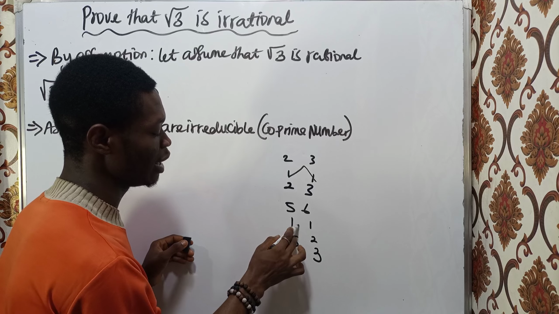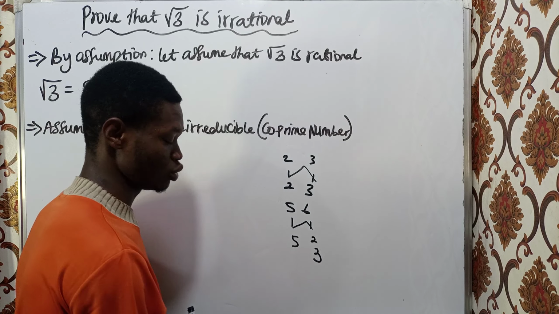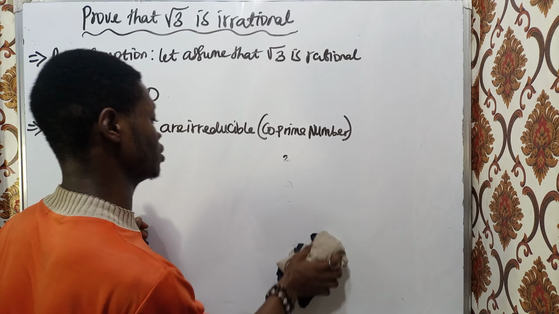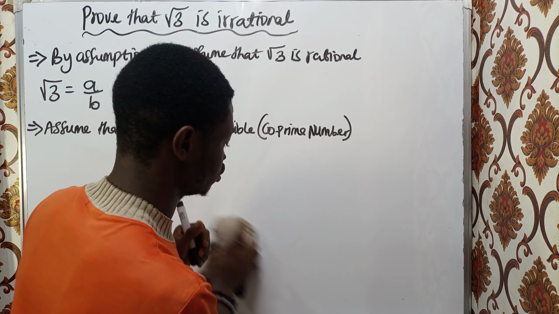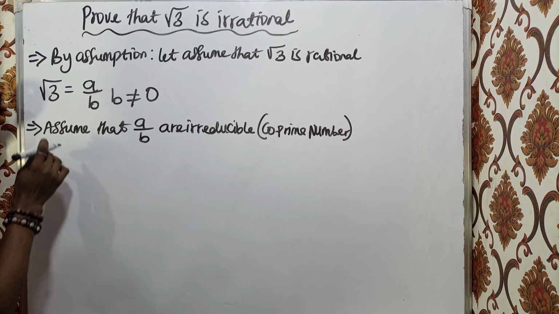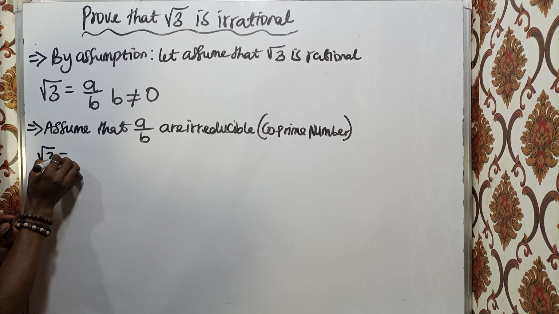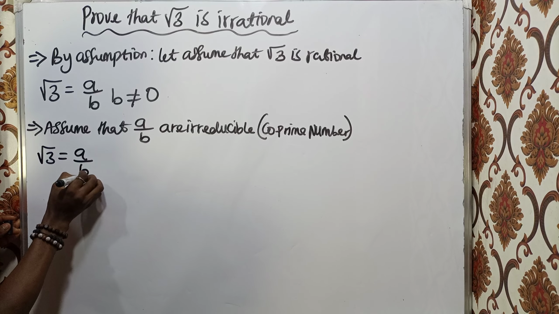But they have 1 as their greatest common factor, so they are coprime numbers. There are many coprime numbers though. So A and B are irreducible.